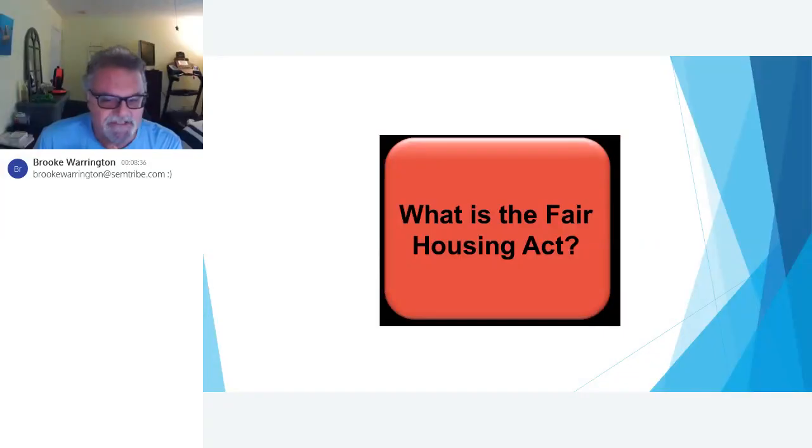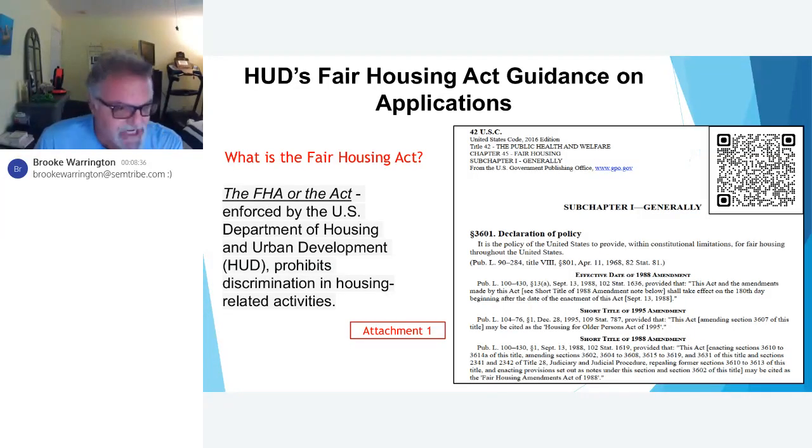What is the Fair Housing Act? This is the legislation that's been around for a number of years. I'm not going to go through all the legislation. It's multiple pages. If you've never read the Fair Housing Act, you can Google it. It is the act, the law, the legislation. You can read it, or you can also go to HUD's website, and they're going to have it there.